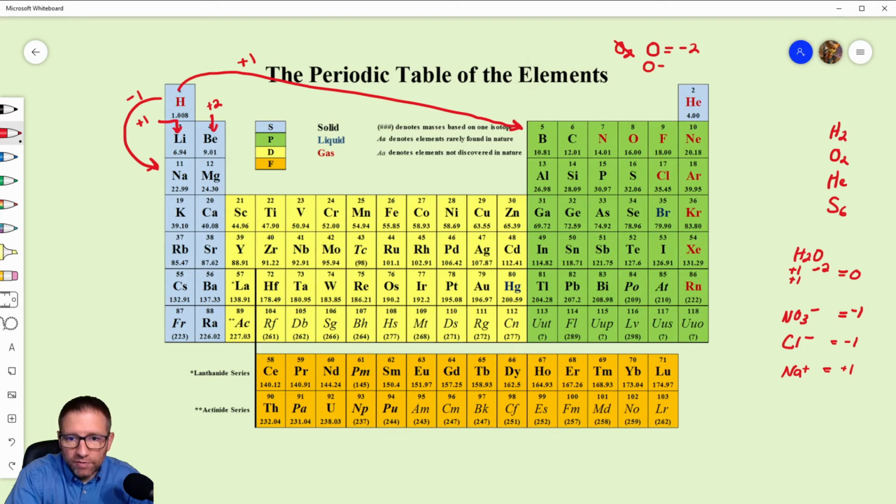However, if we have what we would refer to as a peroxide link, like here's hydrogen peroxide, you've got two oxygens bound together, then in that case, the oxygen is going to be equal to -1. Now, you don't see a lot of that, but you can run across it. So it is important to remember that's an exception when you have this peroxide group with an oxygen bound to another oxygen. But as a general rule, oxygen would be -2 in a compound, not in its diatomic form.